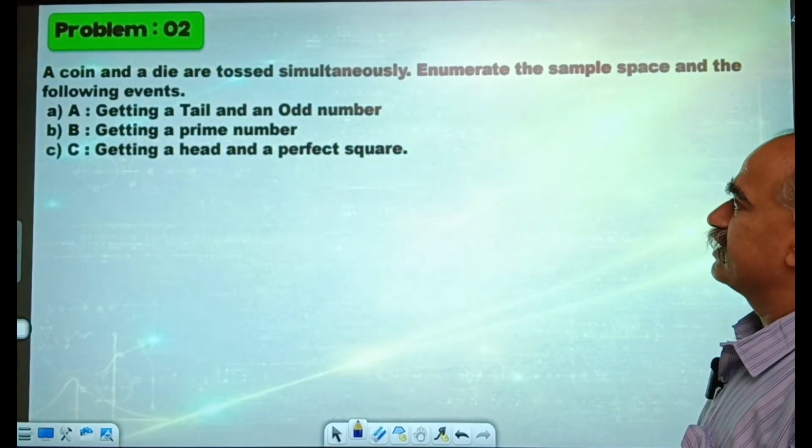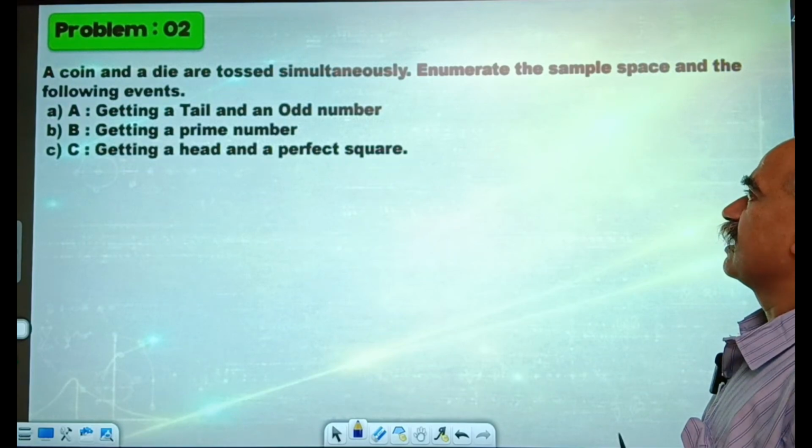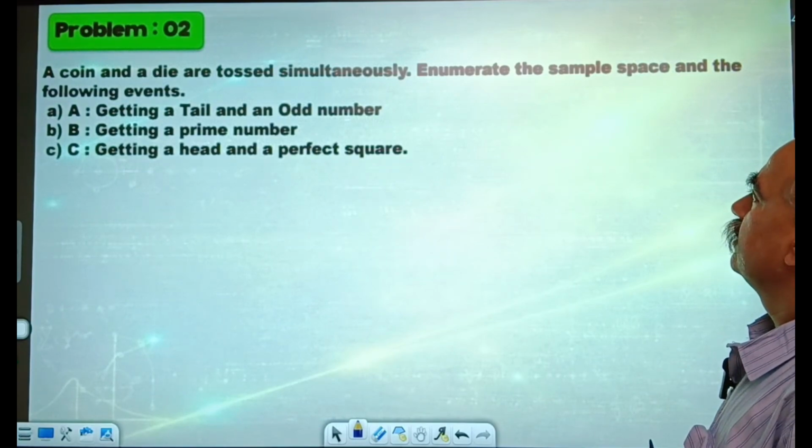A coin and a die are tossed simultaneously.